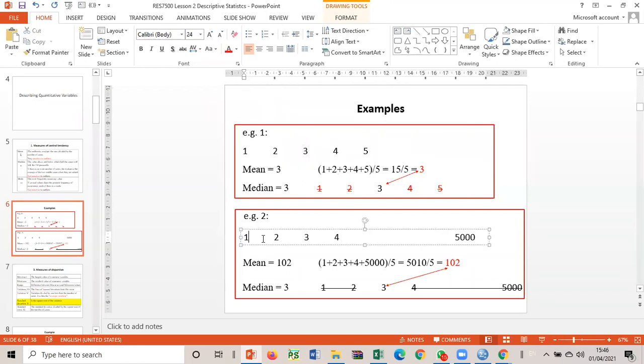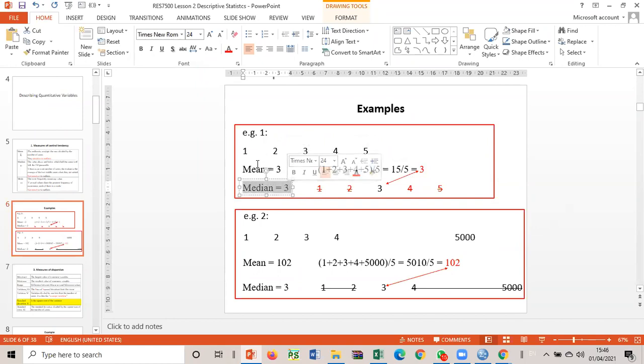This data is asymmetrical, not symmetrical. So the purpose of studying mean and median: if the mean and median are similar, perhaps the data is symmetrical. If the mean and median are very far apart, then the data is not symmetrical.